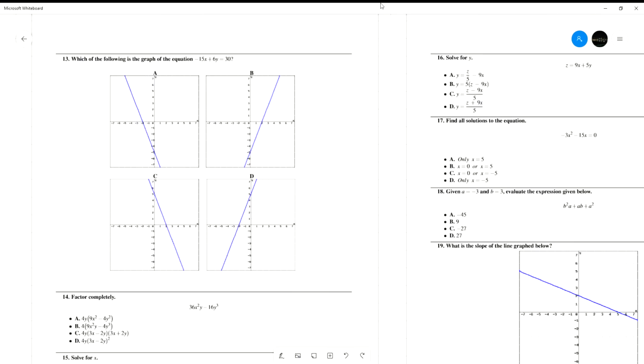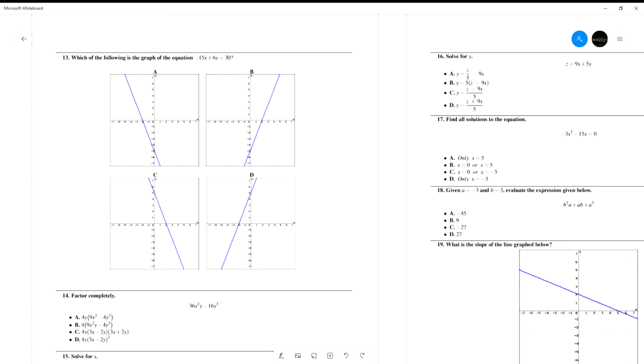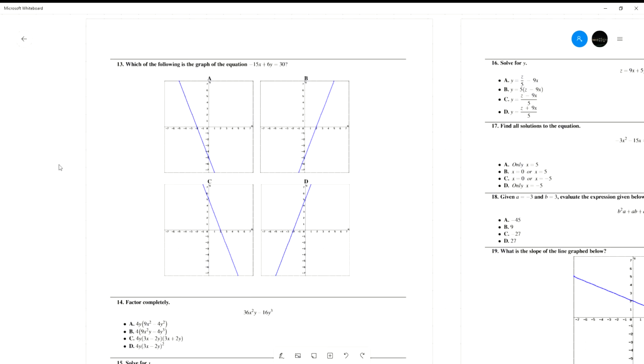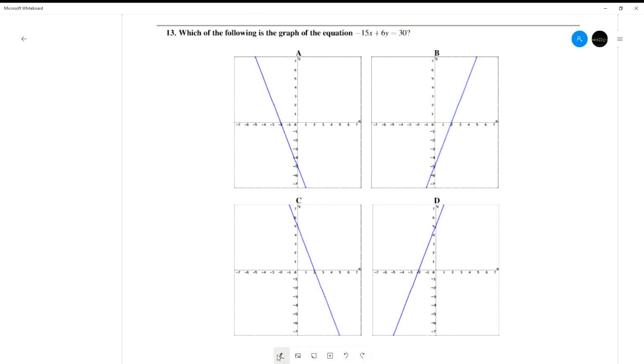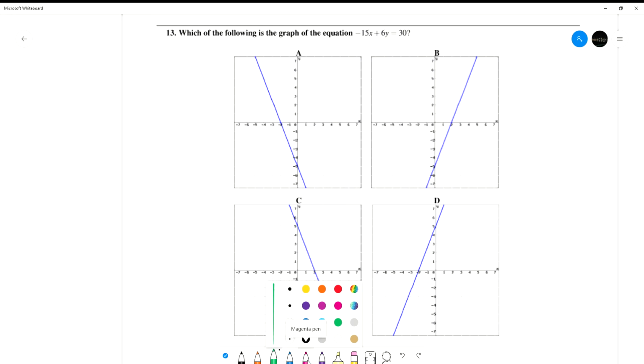All right, number 13. Seems like this one is very similar to the one we just did in the previous test, right? So we do the cover up method. Remember that, right? If you remember the cover up method, that means you're setting x is equal to 0 and solve for y, right?